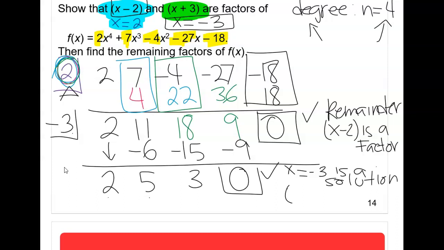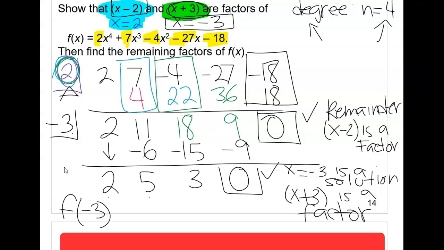Which means that x plus 3 is a factor of the polynomial. Also, we could say that f of -3 by the remainder theorem is equal to 0, and also f of 2 is equal to 0.